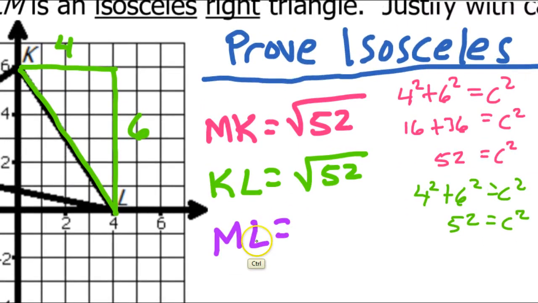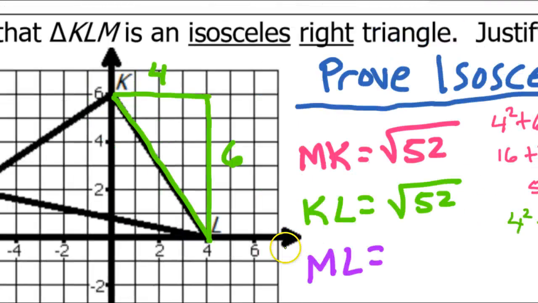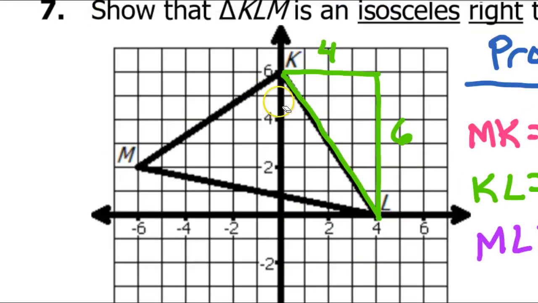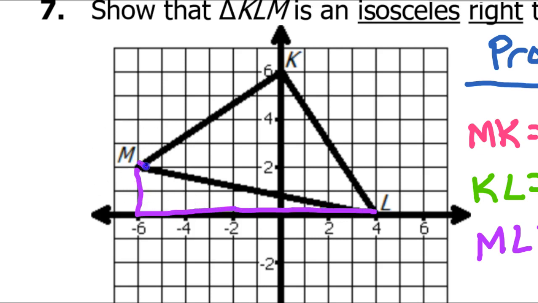All right, now how about ML? Here's a right triangle that has ML as the hypotenuse. This is 2, and this is 10.